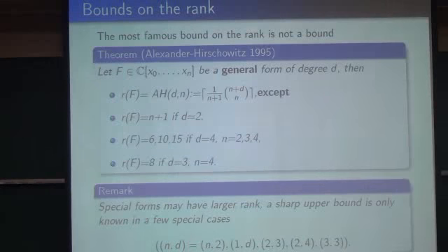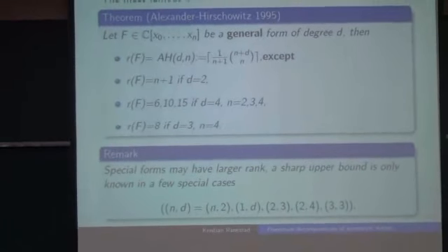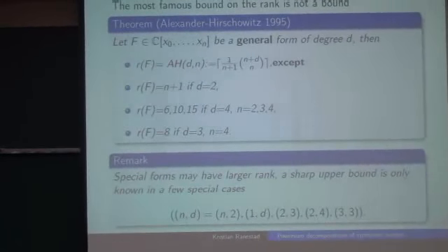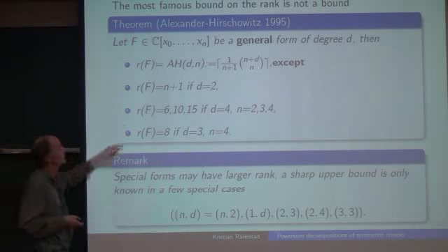But the statement is about the rank of a general form. Of course, you can always find forms of degree d as just a sum of 2 or 3 powers of linear forms. But the general form, how many do you need?